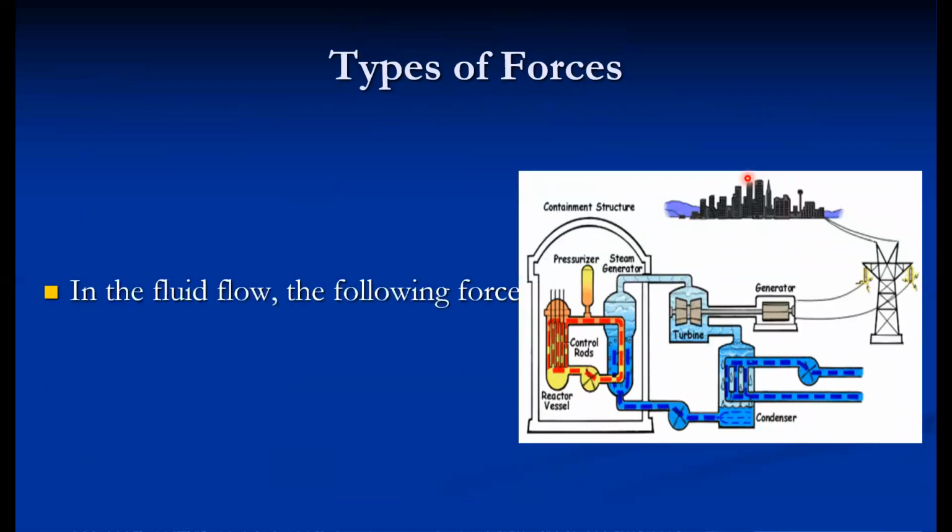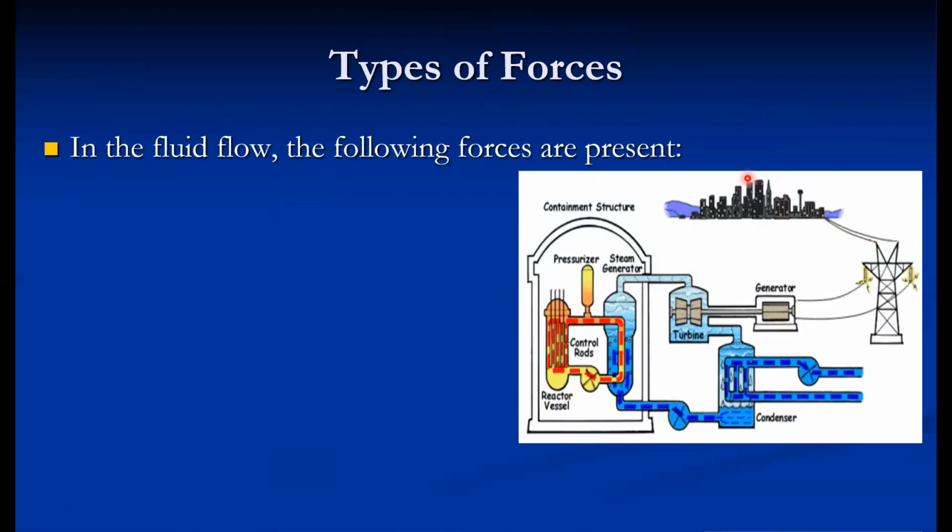Whenever the fluid is flowing, the following forces are generally present in fluid flow. So this is a typical system where the fluid flow takes place. Now, in this case, the gravity force exists whenever the fluid is flowing from high level to low level.